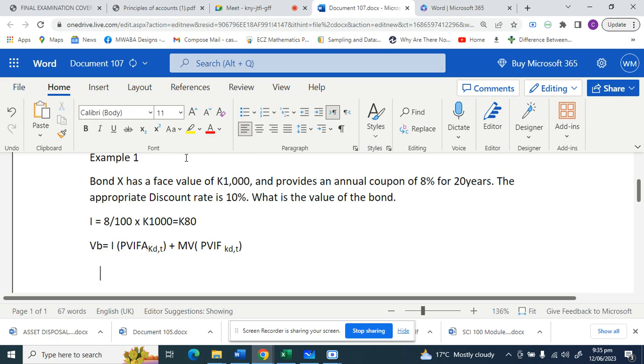So here I will replace it with 80, open brackets.